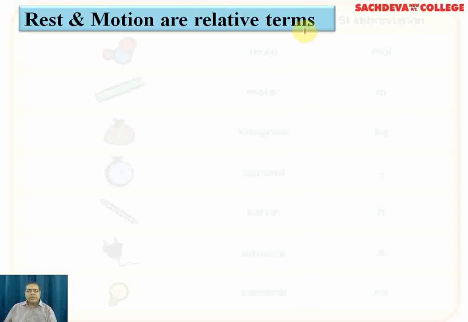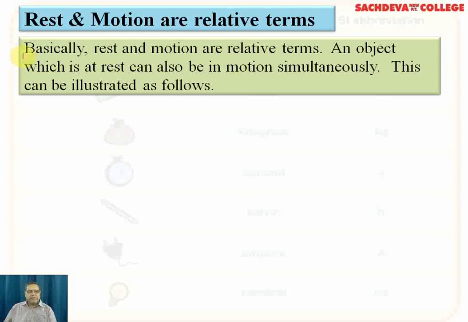For example, if passengers are sitting in a bus, then they are at rest with respect to the inner walls of the bus, but the same passengers are in motion with respect to the outer objects, because the bus is moving with respect to them. So basically rest and motion are relative terms.